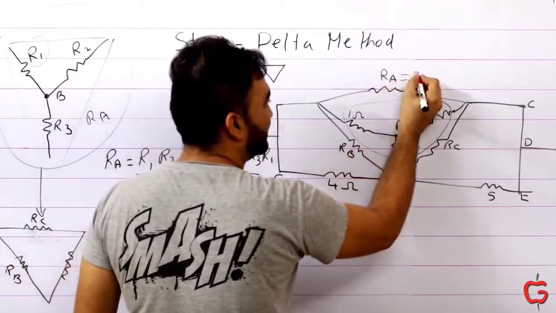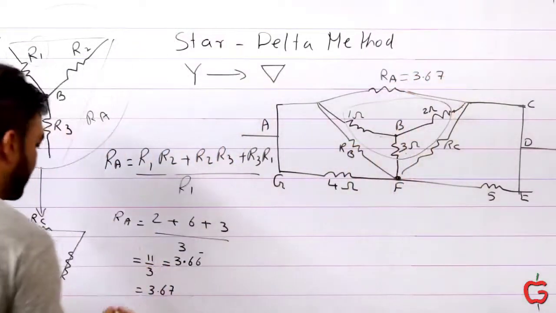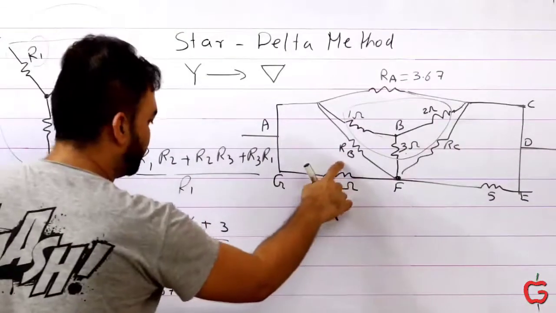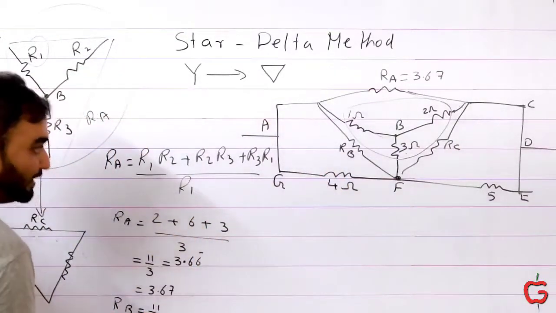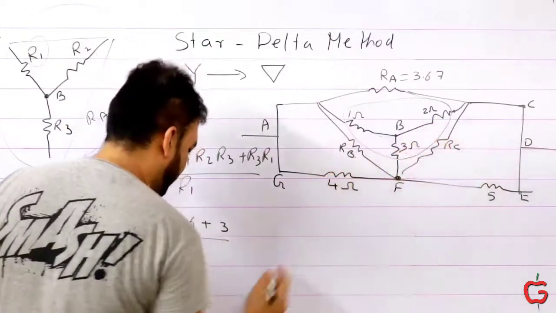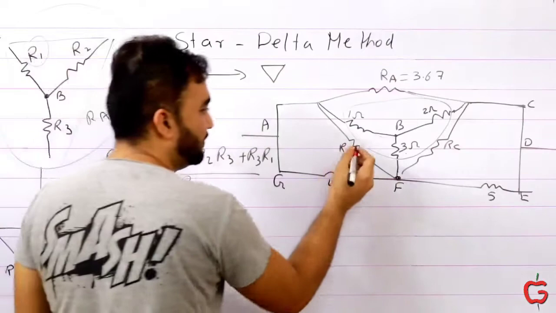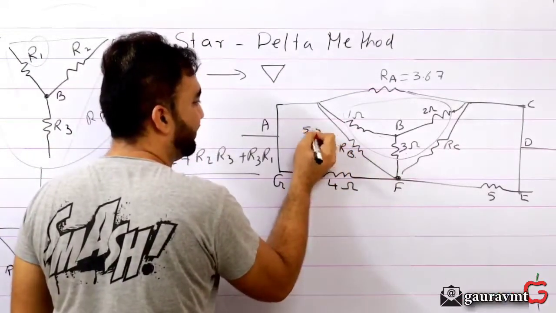So RA becomes 3.67. Similarly, RB: the numerator will be the same, 11, and opposite to RB is 2. So this is 5.5 ohm. So RB is 5.5 ohm.